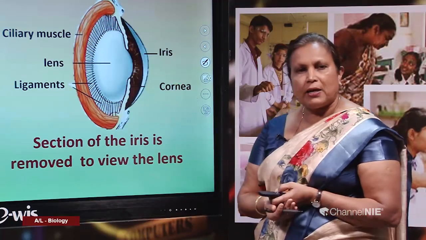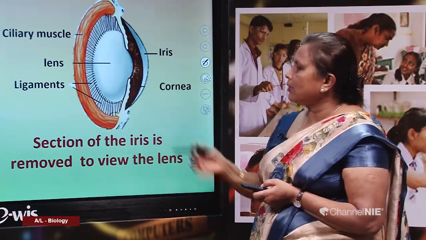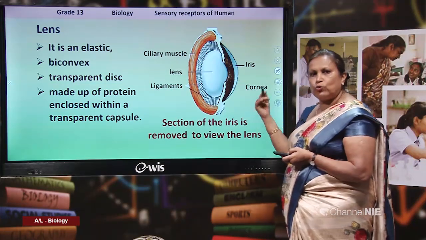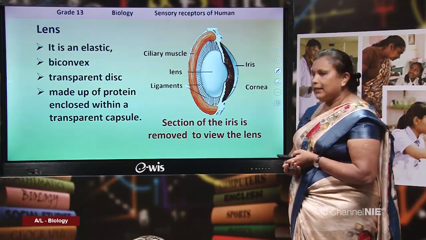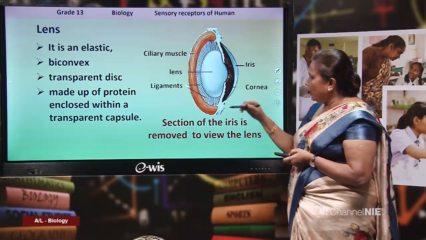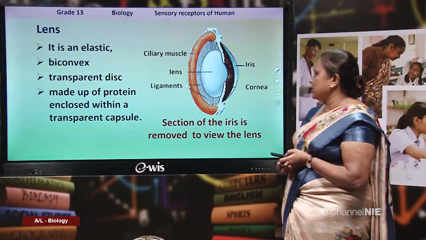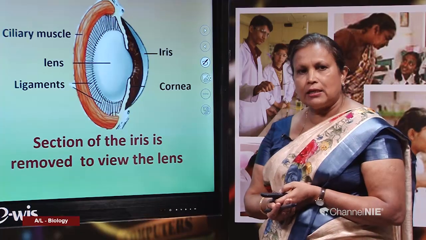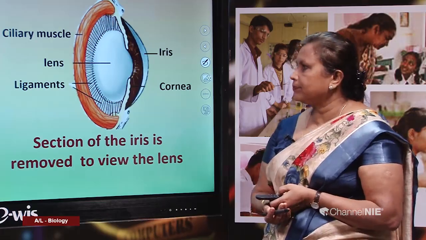Therefore, this part is very important. The lens is a transparent disc through which the light rays move. It is made up of protein enclosed in a transparent capsule. The lens is a biconvex structure which has the ability to focus light on the retina.